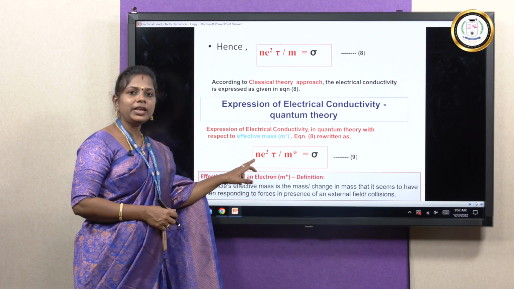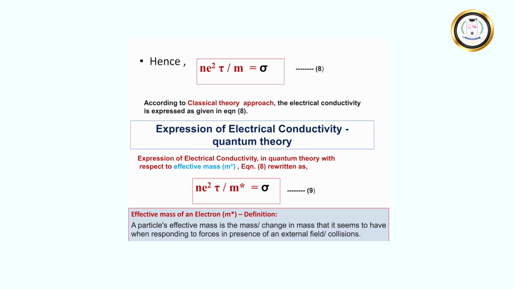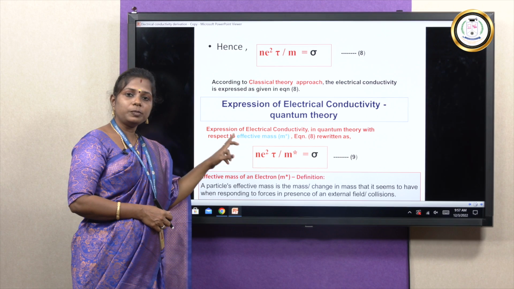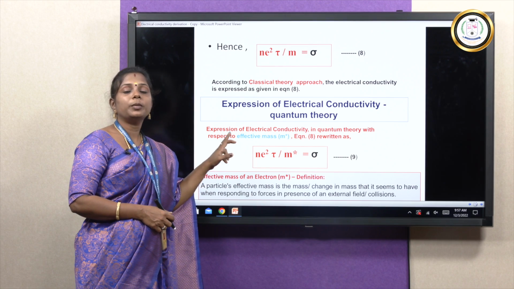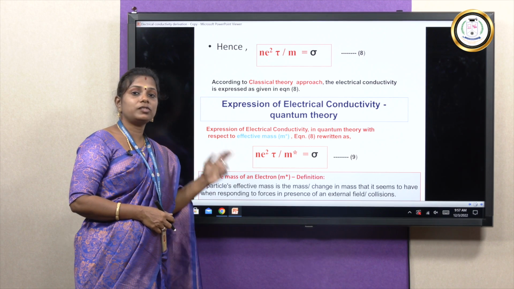So, the final expression from the classical theory of electrical conductivity is N e square tau by m, and by the quantum approach it is N e square tau by m star.